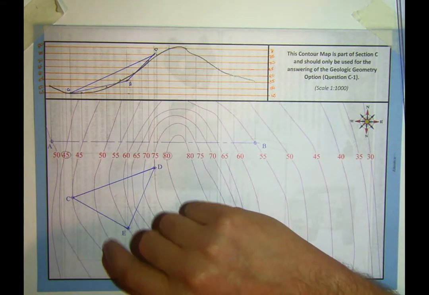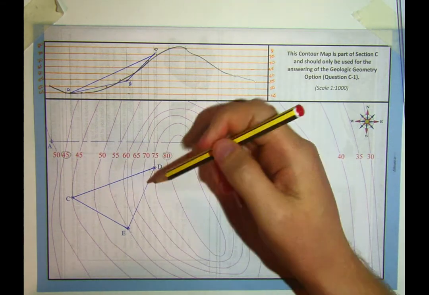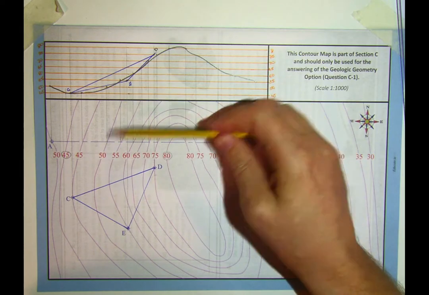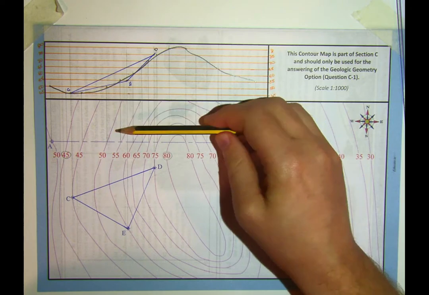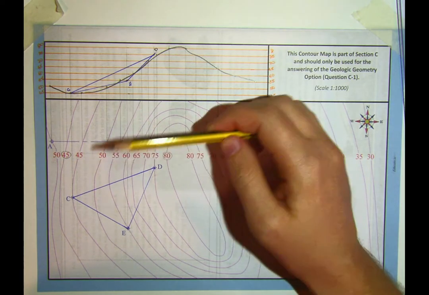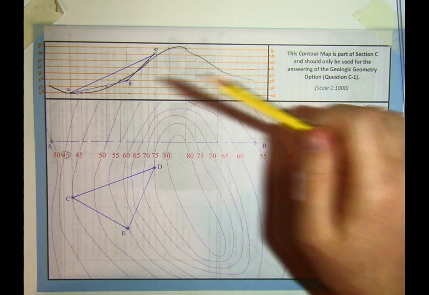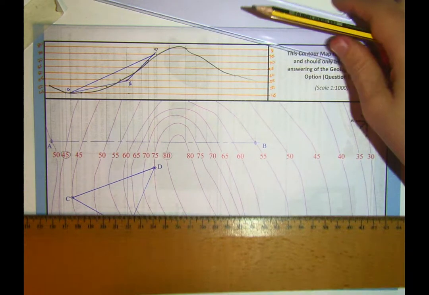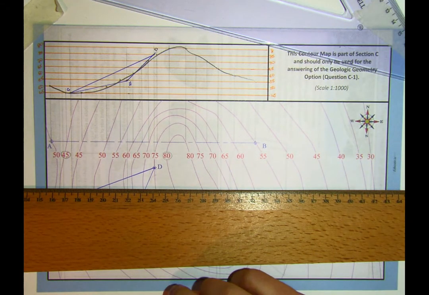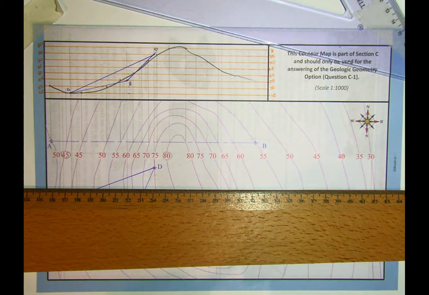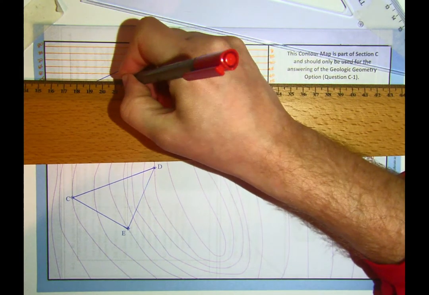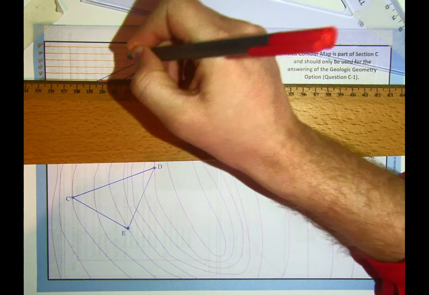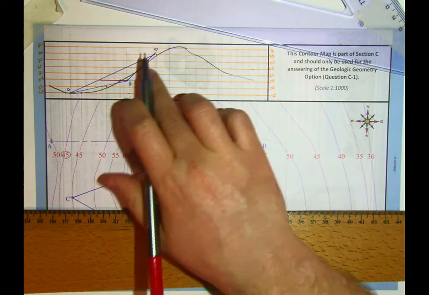So the next thing that we're going to do, looking at the question here, is find the strike. The strike is the direction that this is going at, so we need a horizontal line on the surface. The best place to draw a horizontal line is going to be in the elevation, up here from point E. The reason we're doing it from point E is that if I draw a horizontal line here, it'll actually cut the other side of the triangle.